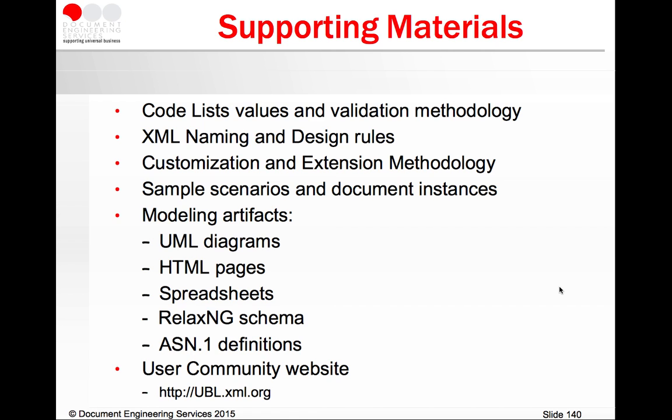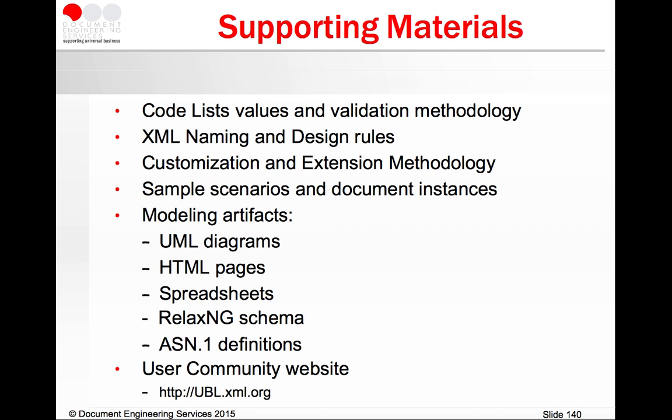To aid in customizing UBL, we provide in the UBL standard a set of required code lists and suggested code lists and a validation methodology. The truth about code lists is that there are many, they are diverse in their consistency, and they change over time.